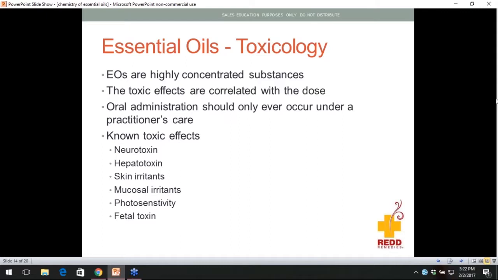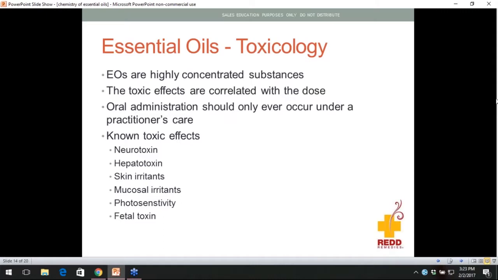It is my personal opinion that people should not use essential oils internally unless they are working with a practitioner or they've gone to great lengths to make sure that their oils are what they say they are, that they know the chemotype of the oil, and it's been tested properly. Now, most consumers aren't going to do that, so unless you're working with a practitioner, don't take essential oils internally.